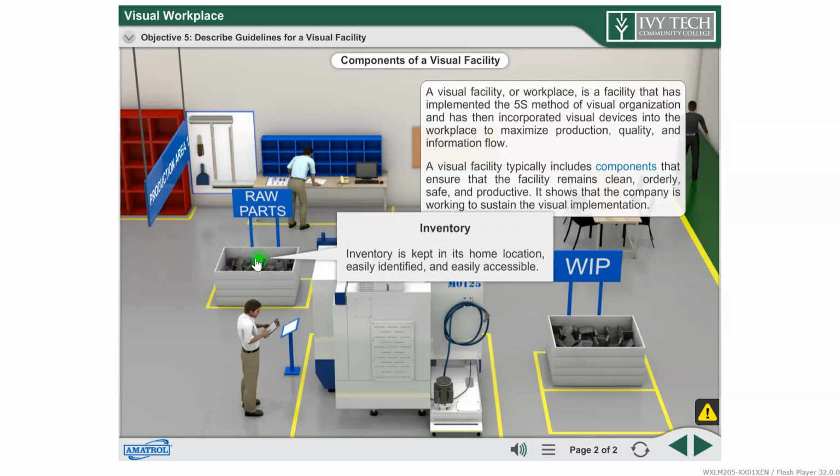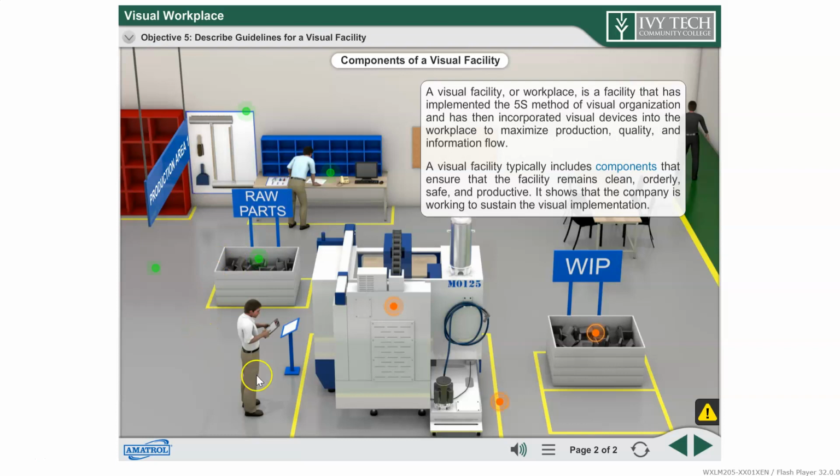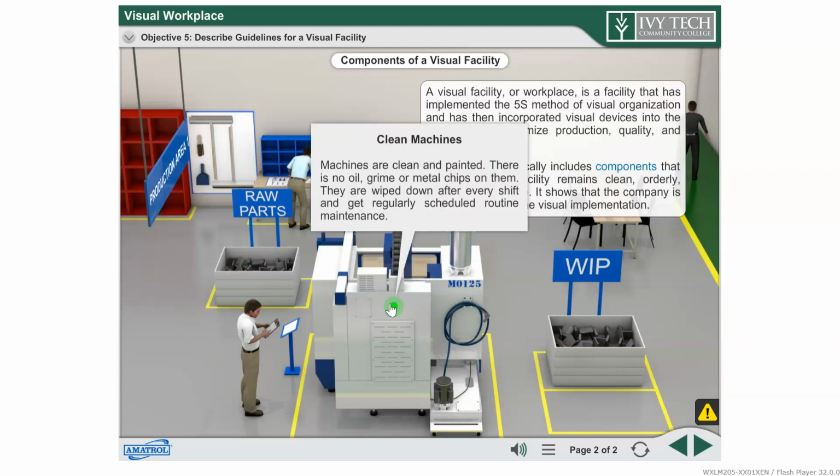Inventory. Inventory is kept in its home location, easily identified, and easily accessible. Clean machines. Machines are clean and painted. There is no oil, grime, or metal chips on them. They are wiped down after every shift and get regularly scheduled routine maintenance.